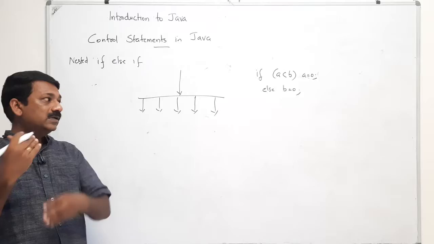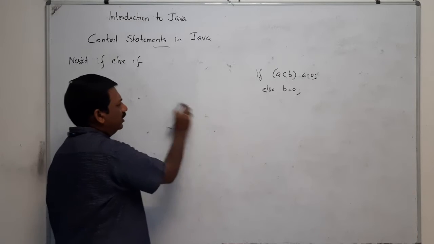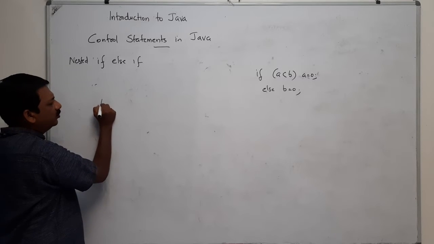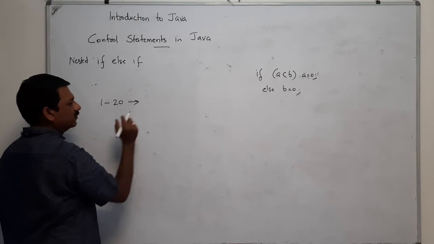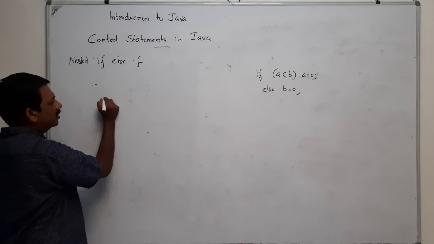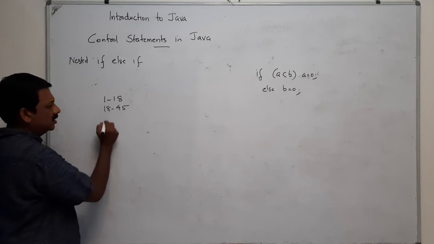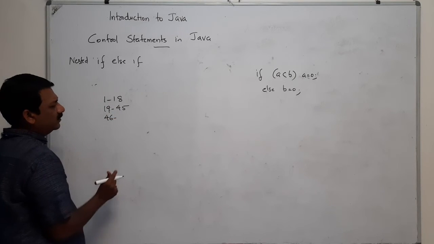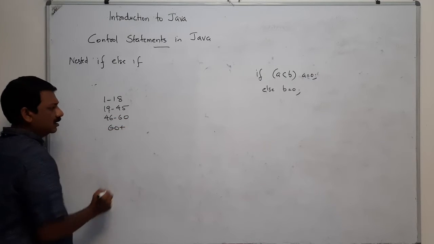For example, in a program, for age groups, consider vaccination: 1 to 18 is a class, 19 to 45 is another class, 46 to 60 is another class, and 60 plus is another class.